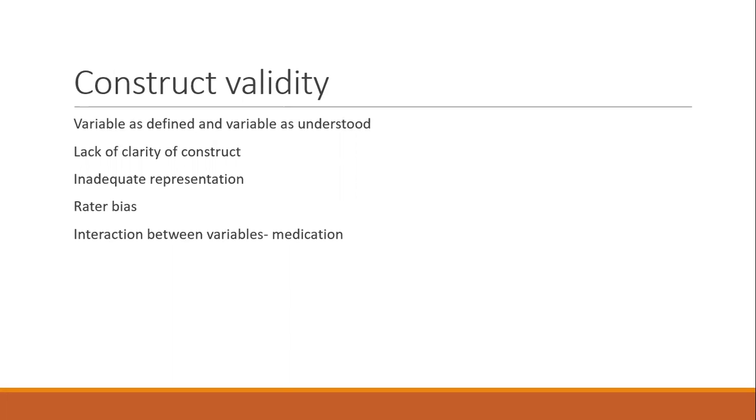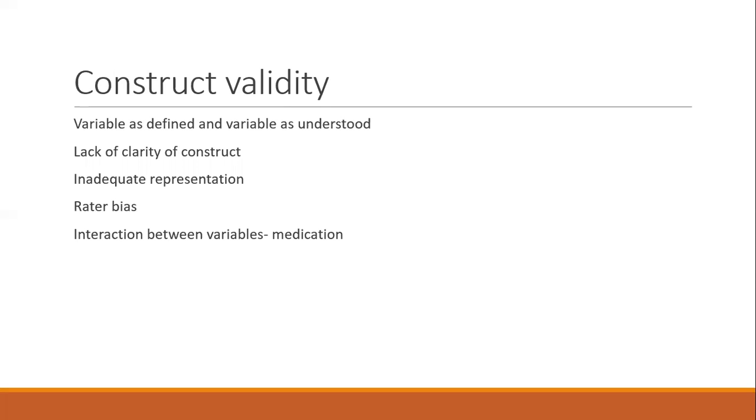So the variable as understood by those of us who are reading might be that you're talking about gait, or lower limb recovery, while the researcher is actually talking about improvement in ankle range of motion. So these kinds of things can happen.